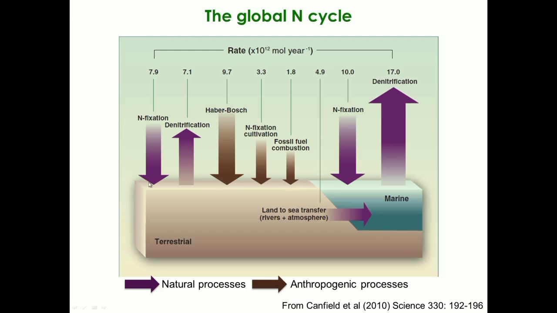Now, if we look at the terrestrial aspects of this cycle, naturally this is generally in balance. So the amount of nitrogen inputs that happen naturally through microbial nitrogen fixation and then the natural denitrification that takes place is generally a balanced process.